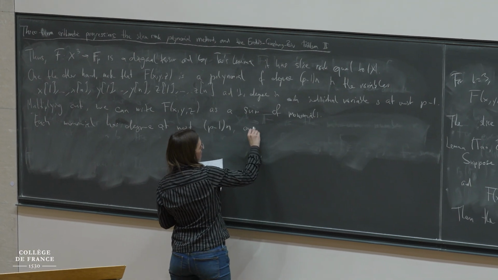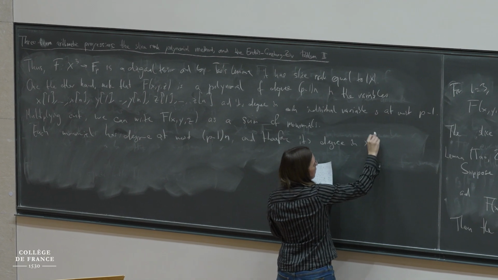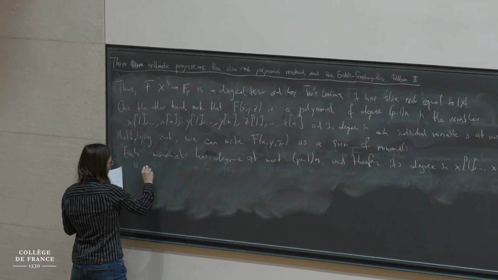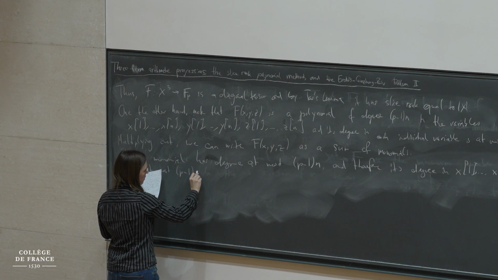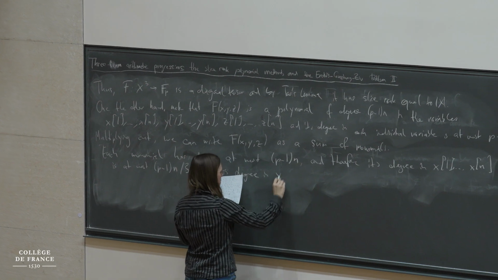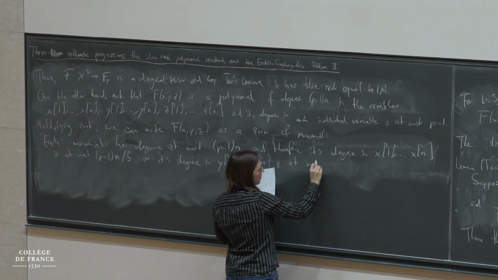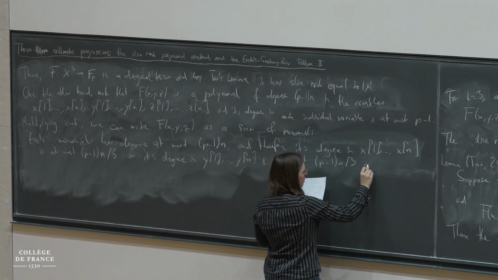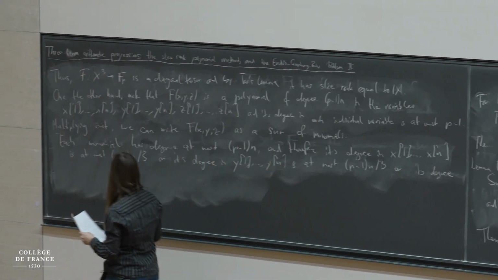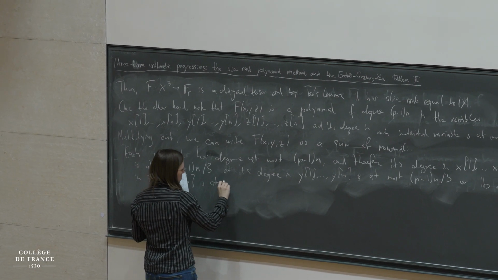So therefore, its degree in the x part is at most p minus 1 times n thirds, or its degree in the y part is at most p minus 1 times n thirds, or its degree in the z part is at most p minus 1 times n thirds.